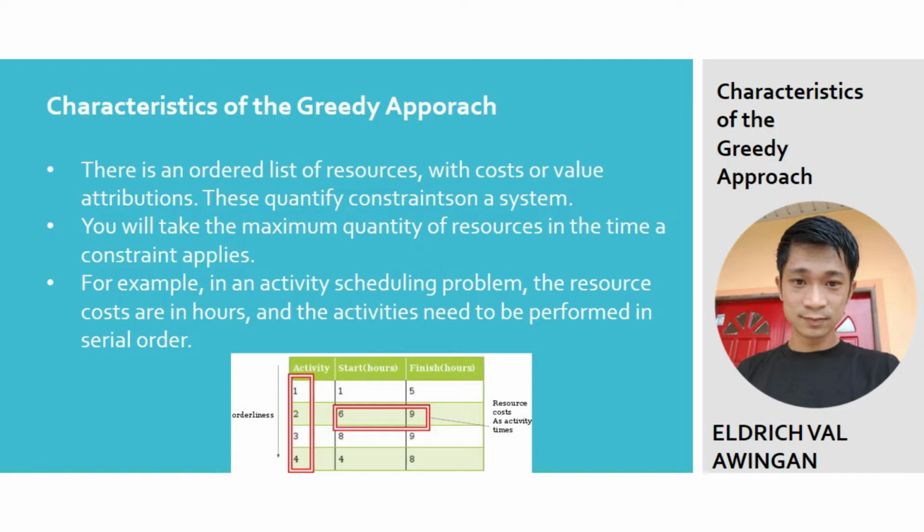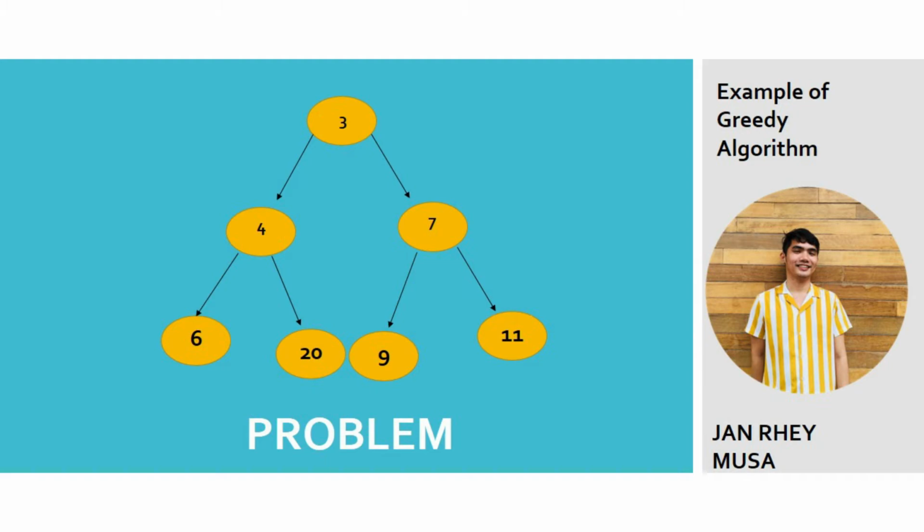Given quantity constraints on a system, you will take the maximum quantity of resources in the time a constraint applies. For example, in an activity scheduling problem, the resource costs are in hours and activities need to be performed in a serial order.